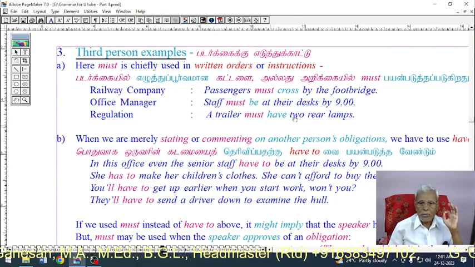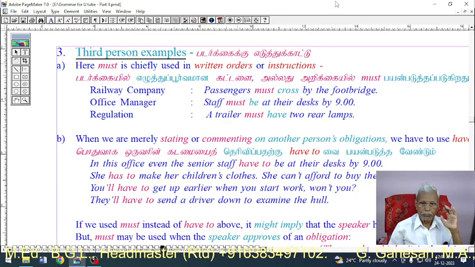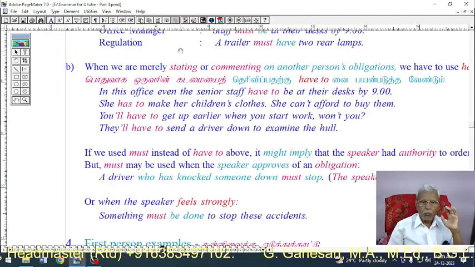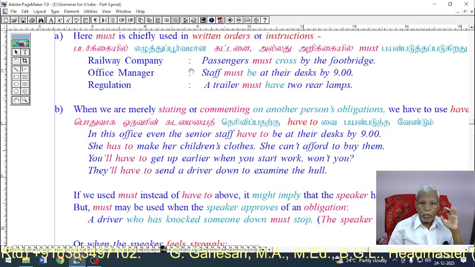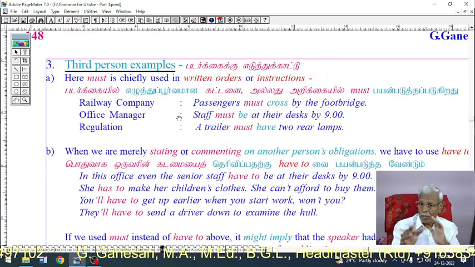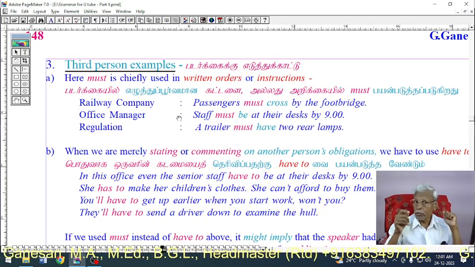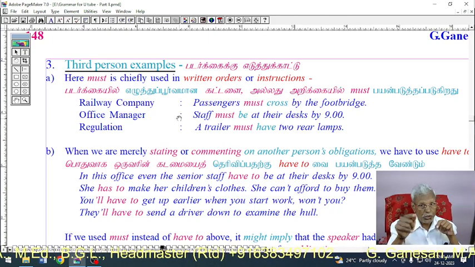When written orders or instructions are given, we have to use must.